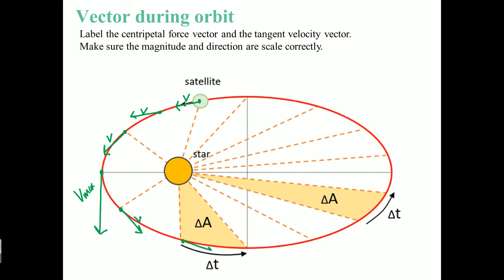So I'm going to start decreasing the strength of the vector here. All right, this should be smaller. And then right here, this is when it's V minimum because it's the farthest away. Then here it's going to pick back up.